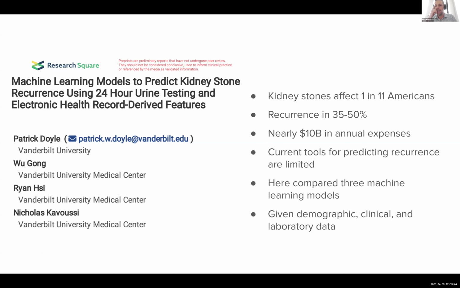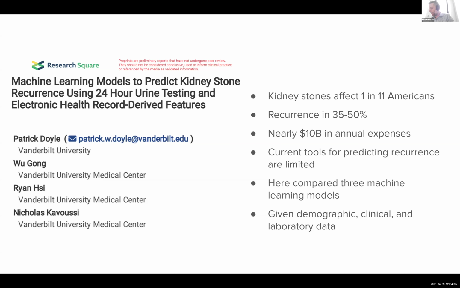This results in nearly $10 billion in annual expenses, so, I don't know, like half of NASA's budget every year. Current tools for predicting recurrence are really limited. Here they compare 3 different machine learning models for predicting kidney stone recurrence from demographic, clinical, and lab data.